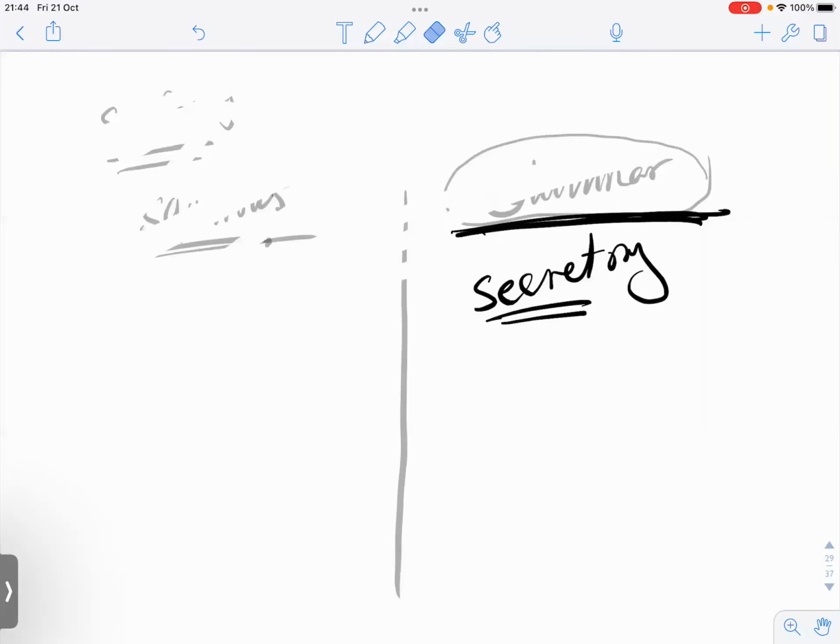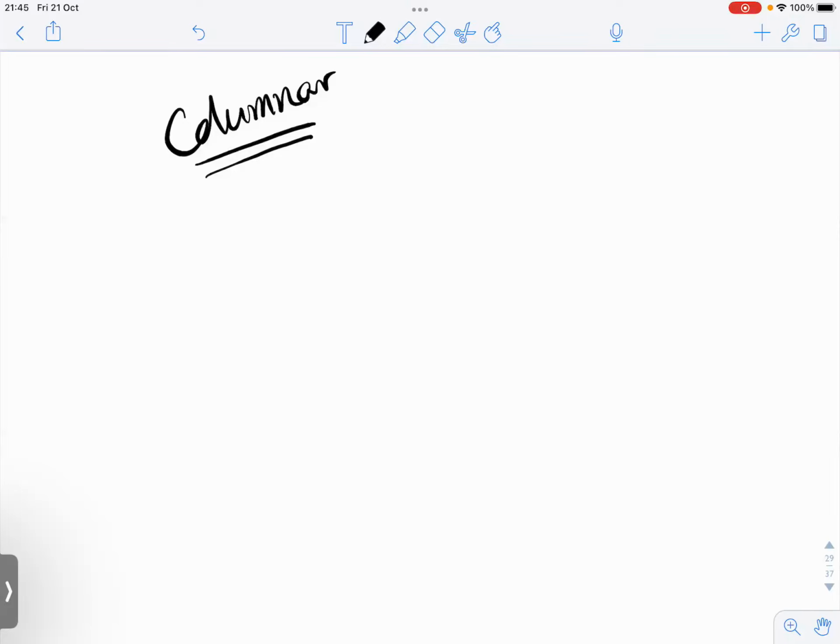But during smoking, you have a lot of irritation. So the columnar epithelial tissue cannot face this irritation. So the columnar will say, "Oh, I'm very sorry, I have to transform into another strong epithelial tissue which can face this irritation."